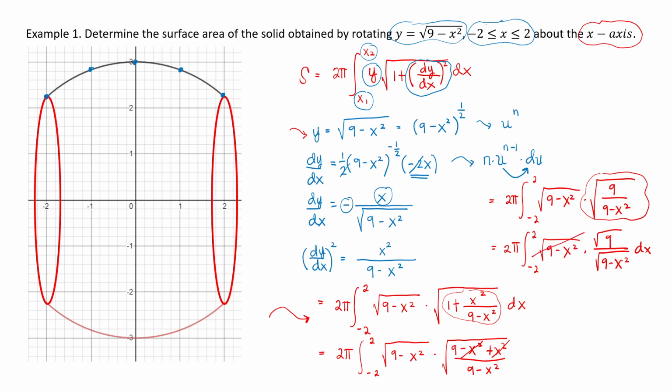Cancelling out numerator against denominator, and square root of 9 is 3, this gives you 2 pi from -2 to 2, 3 dx. So you are left with 6 pi from -2 to 2 dx.